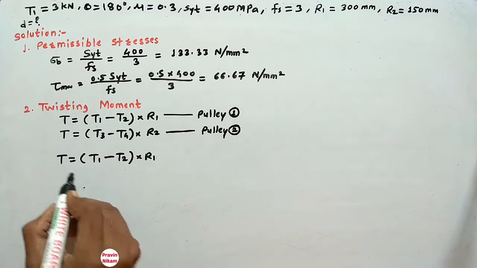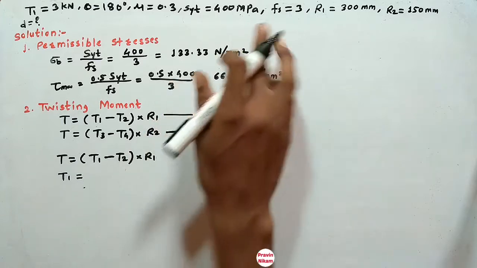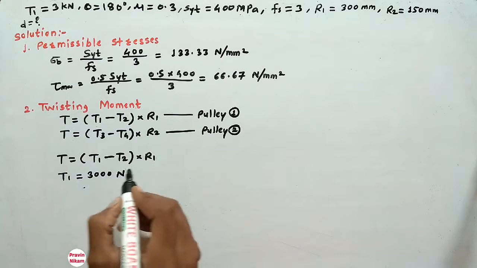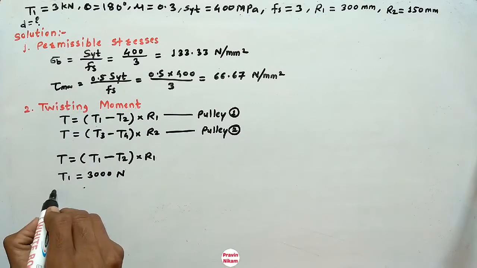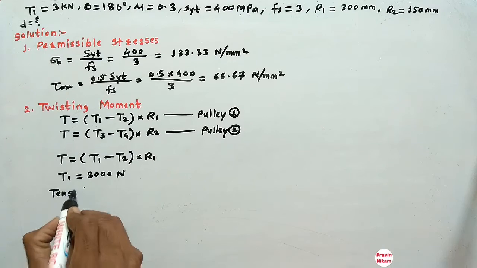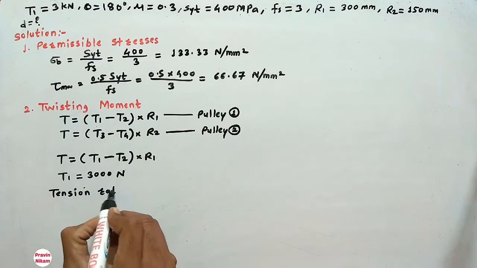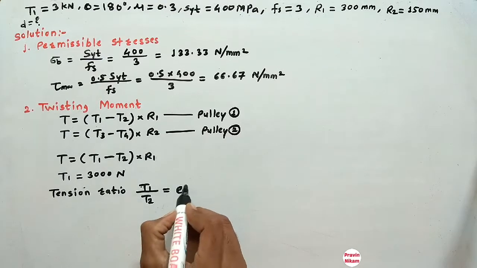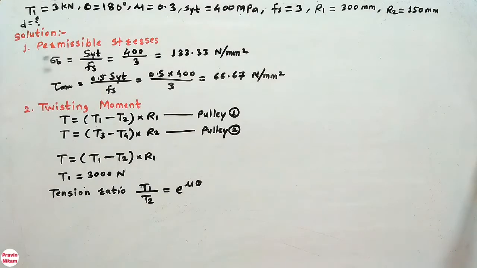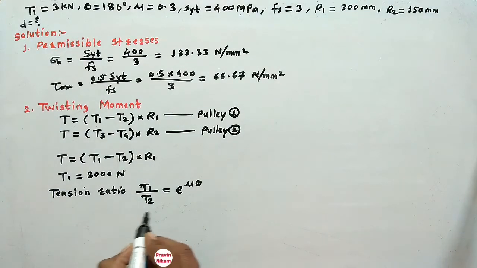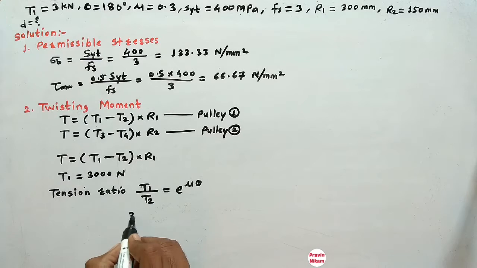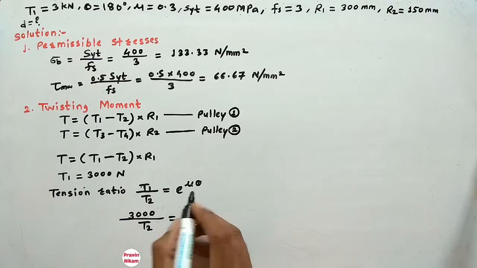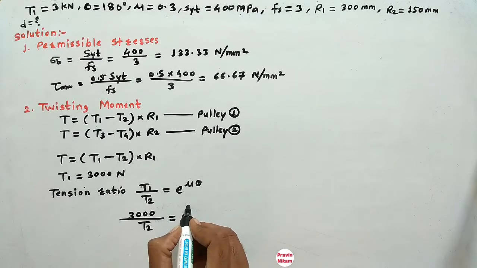In this equation, T1 is known: T1 is 3 kilonewton, that is 3000 Newton. Now we know that the tension ratio in belt drive, T1 divided by T2, is equal to e raised to mu theta. So 3000 divided by T2 is equal to e raised to mu theta.